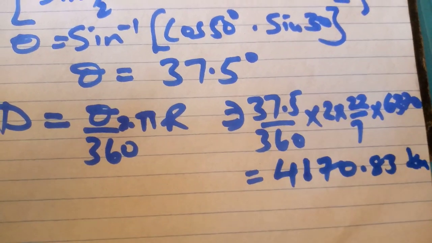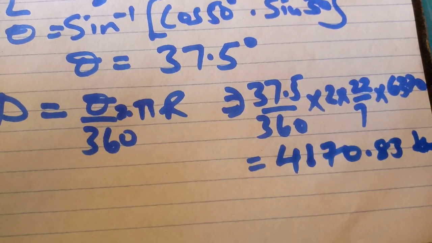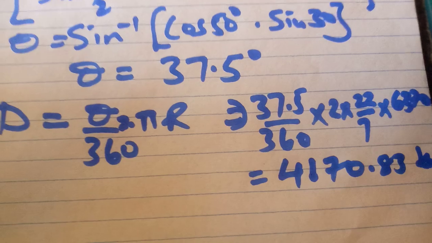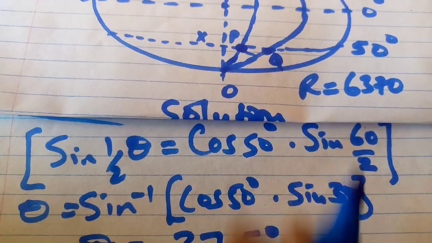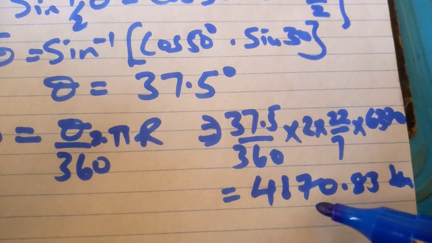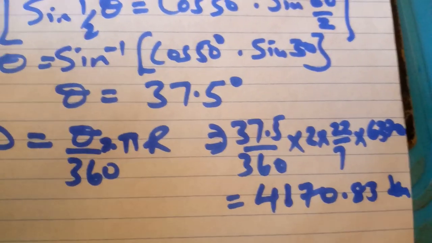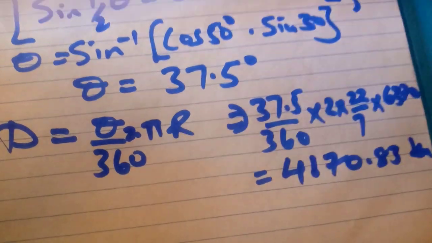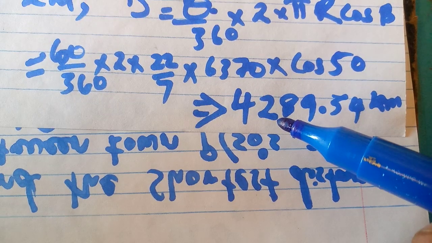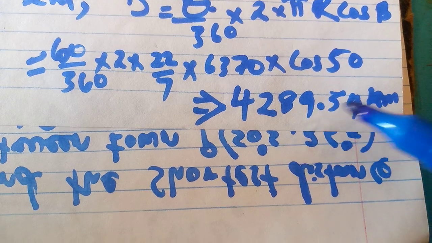You remember, in kilometers. So comparing the two, distance along the great circle, we are getting it as 4170.83 kilometers. If you compare it to distance along a smaller circle, we got it as 4289.54.